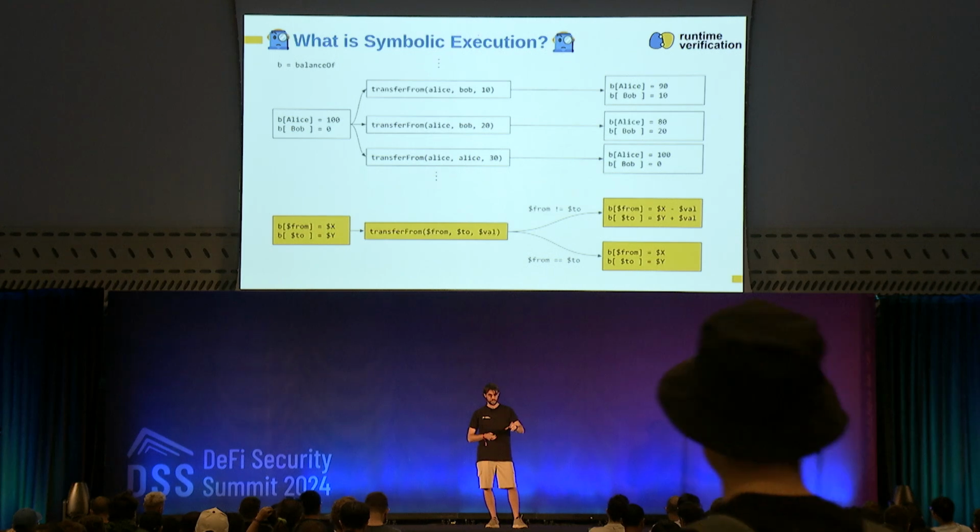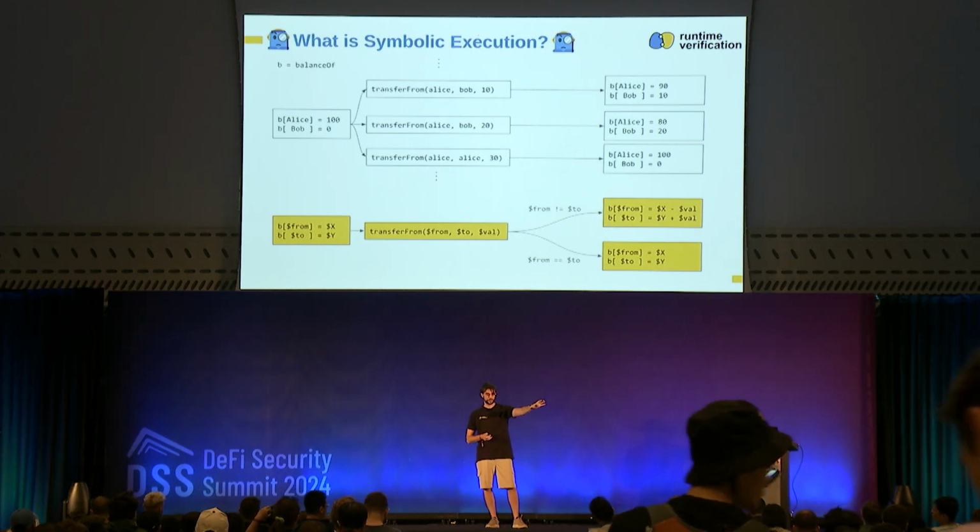So if you're trying to verify the behavior of the transferFrom function, you will start with symbolic values for your pre-state, then you will execute with some symbolic values, and what you will get is an execution tree, where each branch summarizes a lot of behaviors that would take many concrete tests. For instance, in this example, what if in transferFrom, from is different from to, and what if they're equal? Then you get a mathematical evaluation of this, a symbolic summary of what the behavior of your function is going to be.